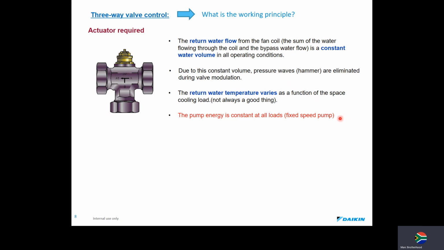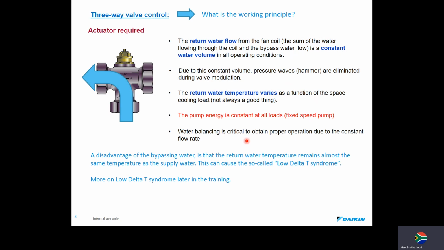You don't want to vary water volume because it's a constant volume valve. So there's no real sense in putting a variable speed pump on it using three-way valves. Very importantly, water balancing is critical to obtain proper operation due to the constant flow rate.